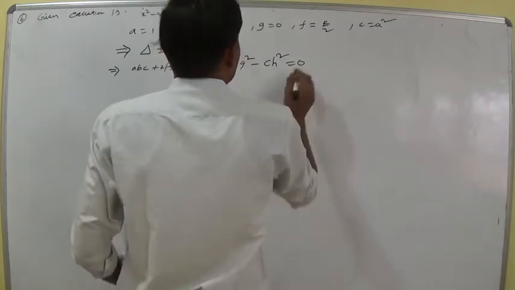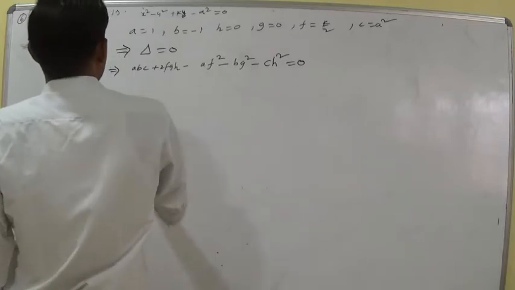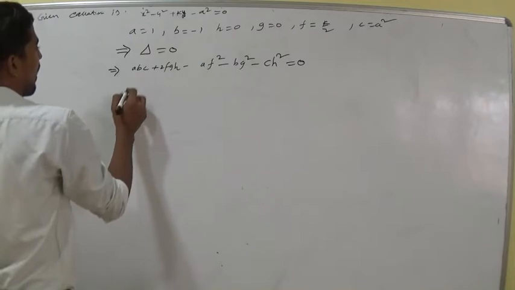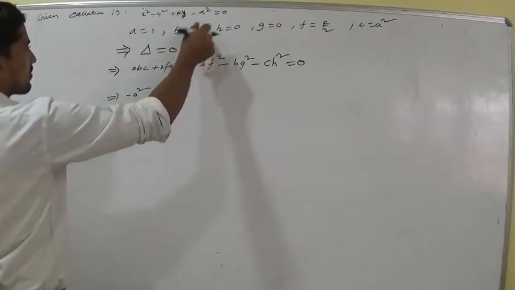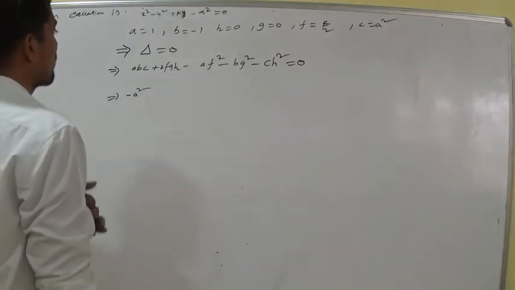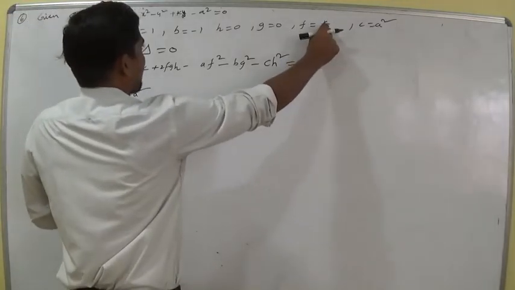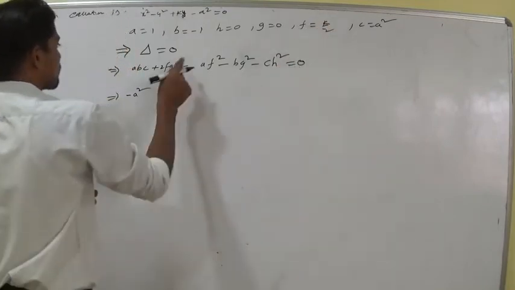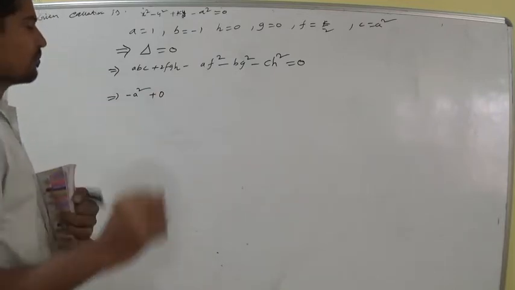Right? So here what is A, what is B, what is C? So minus A square, 1 times minus 1, so minus A square. 2FGH, which becomes K, and G is 0, H is also 0, so that term totally vanishes and becomes 0.